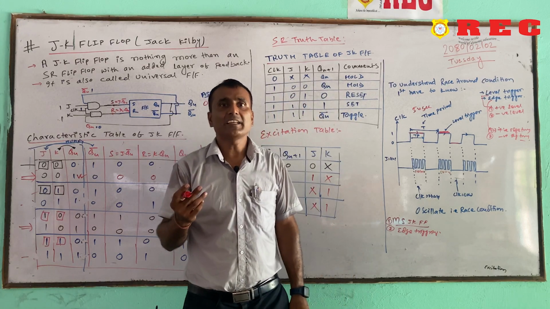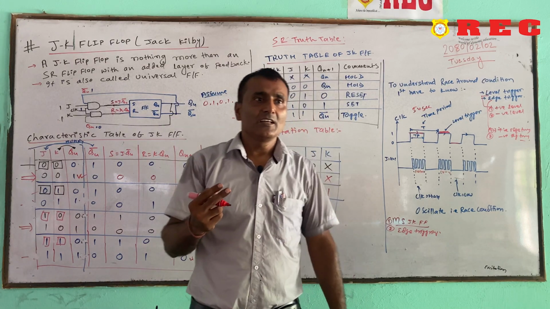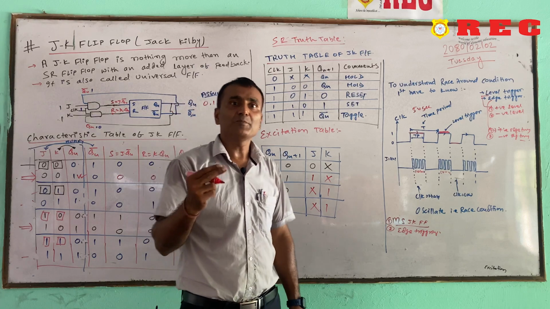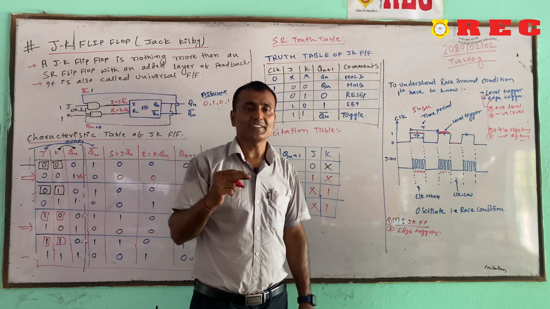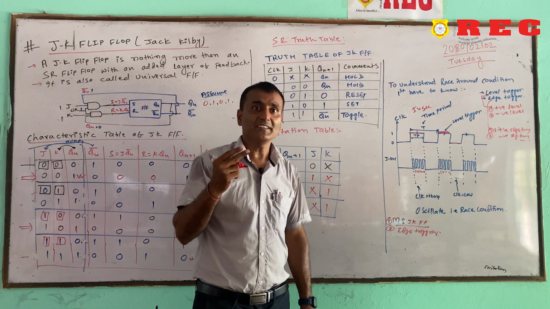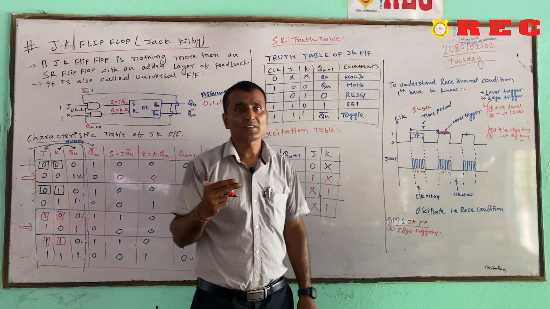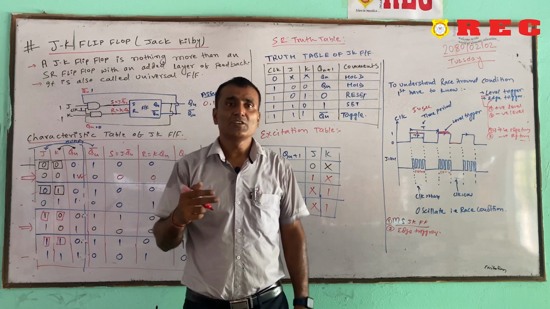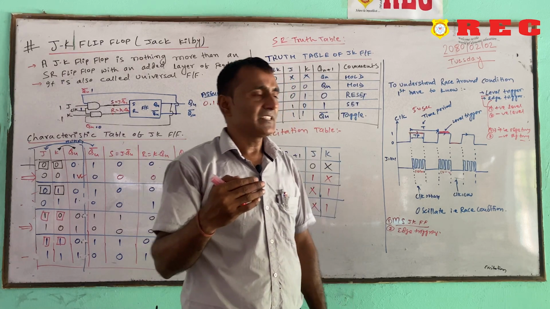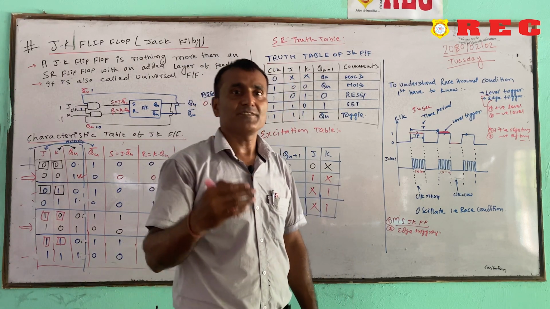So we can solve it with both options, but we have to see what will happen in level triggering if the level triggering pulse goes to the different flip flops. This problem will be solved in the JK master slave flip flop.